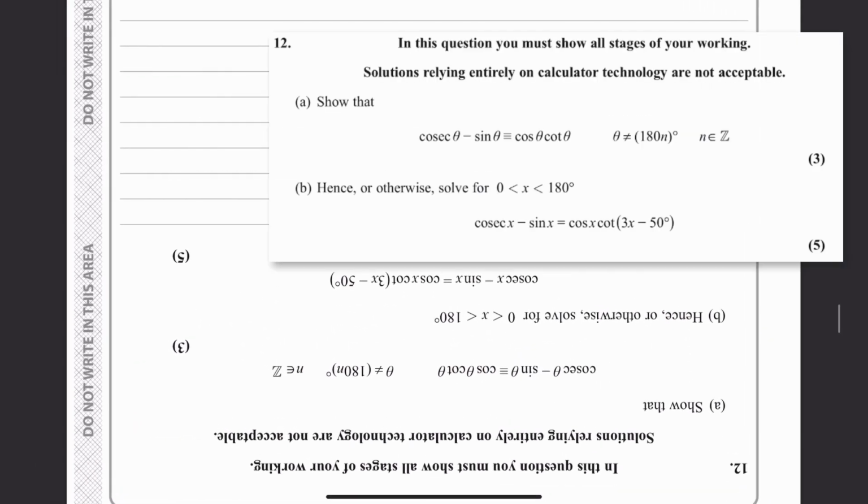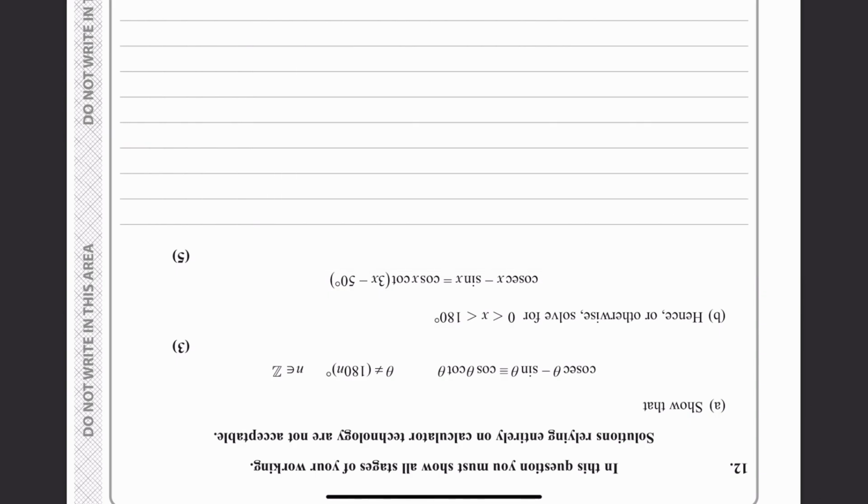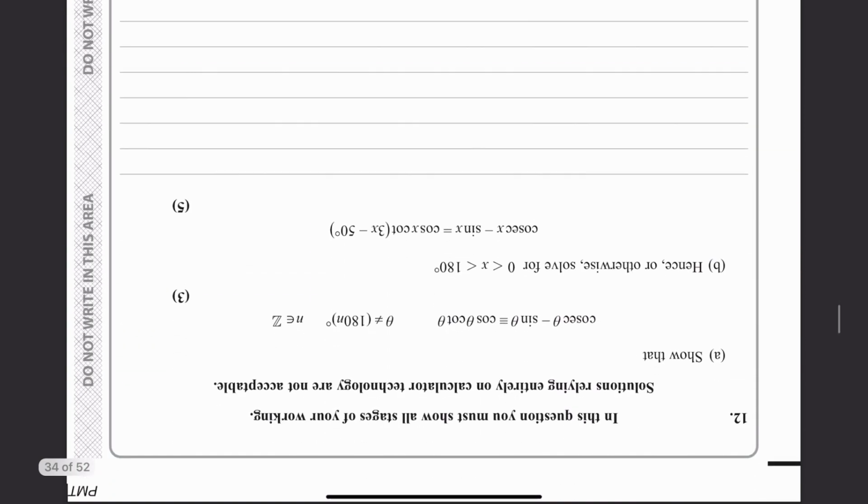Okay, question 12. In this question, you must show all steps of your working. Okay, I can do that. Show that cosec of theta minus sine of theta is equal to cos theta multiplied by cotangent theta. Okay, pretty good stuff.